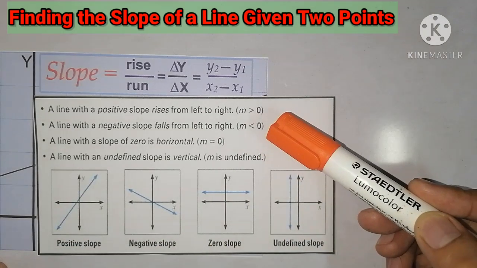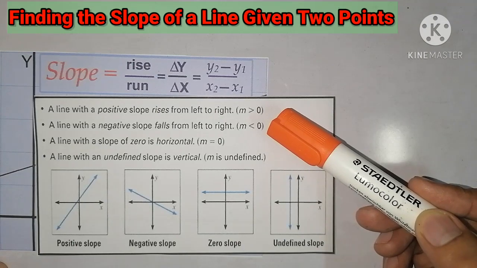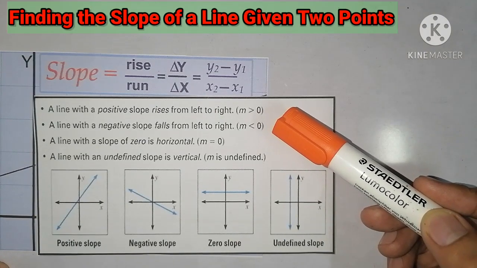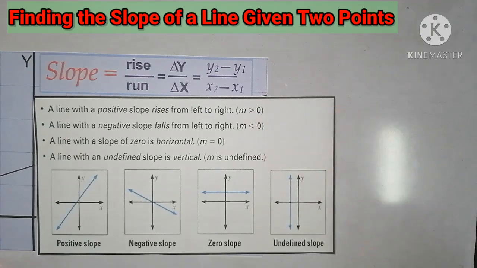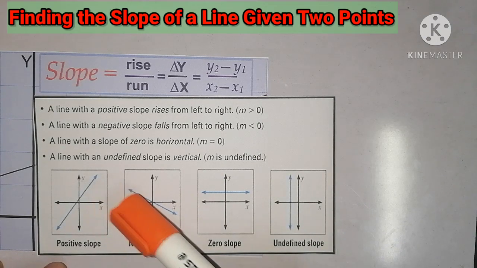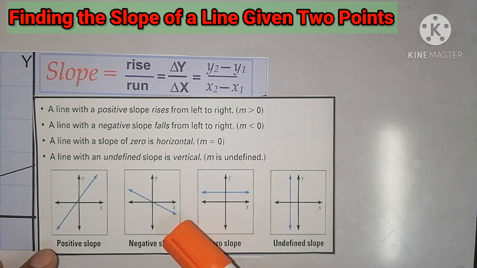The second property is that a line with a negative slope falls from left to right. So if m is less than 0, such as negative 1, negative 2, and all the negative numbers, the line inclines to the left. This is an example of a line having a negative slope.